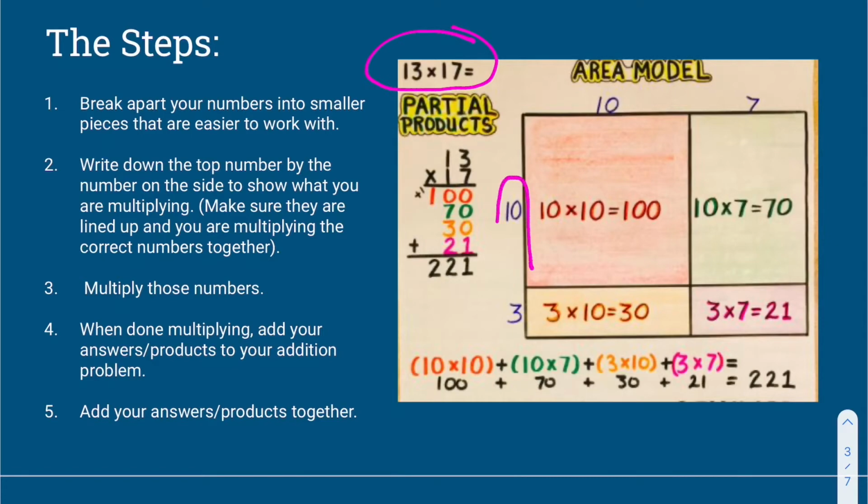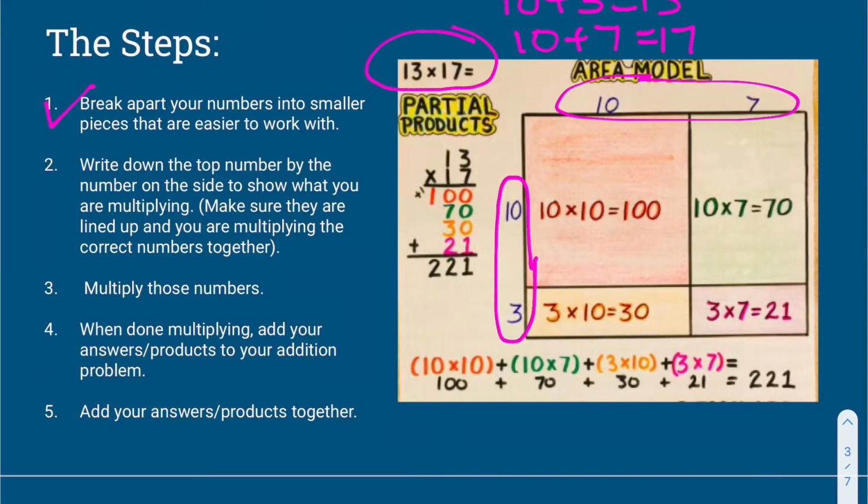Their expanded form was 10 plus 3, and that's right. 10 plus 3 is the expanded form of 13. Then for 17, they broke it up into 10 and 7 because 10 plus 7 is the expanded form for 17. And that's step 1.